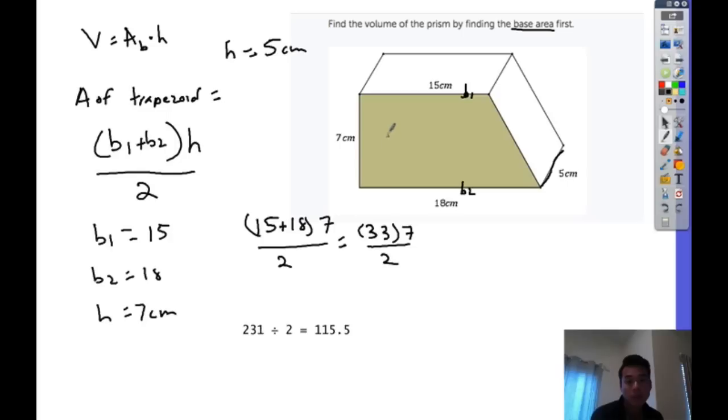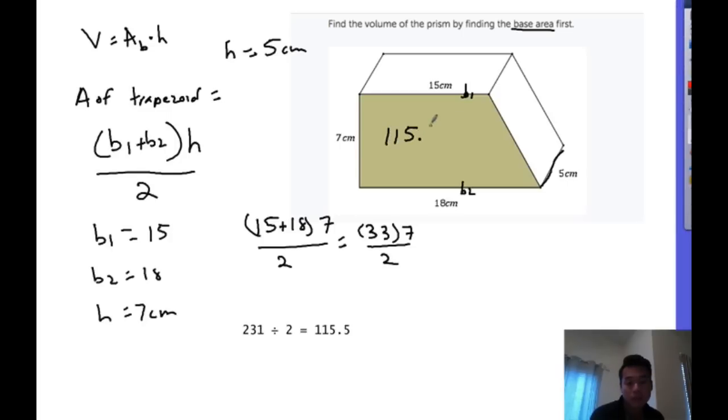It's going to be 115.5 centimeters squared. And now I just multiply this by 5, this height right here, to figure out how much space it can hold, times 5 centimeters. I'm just following the formula.